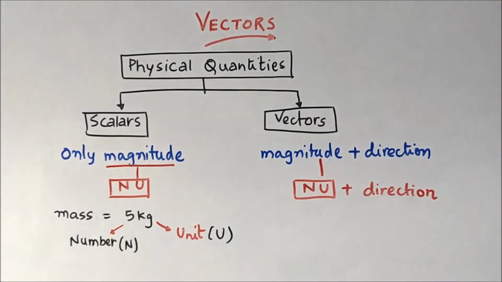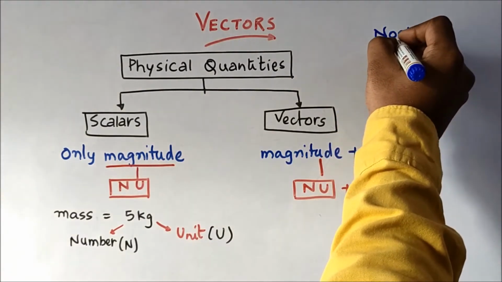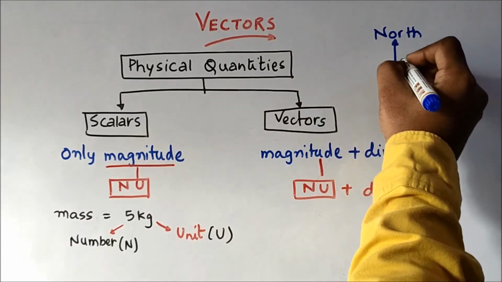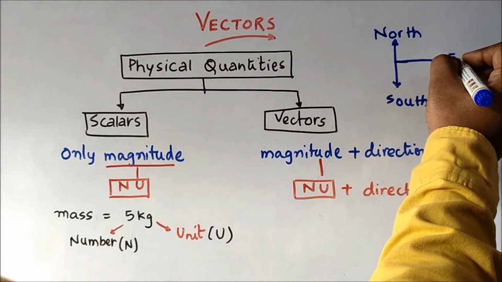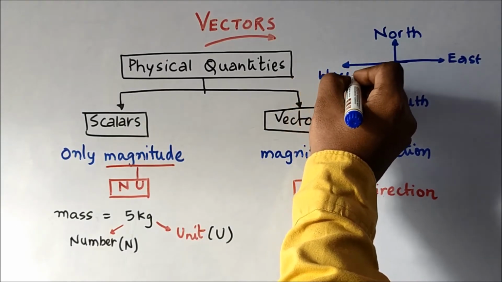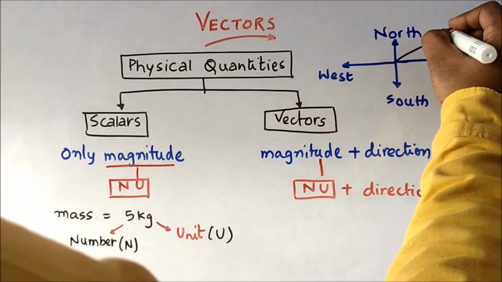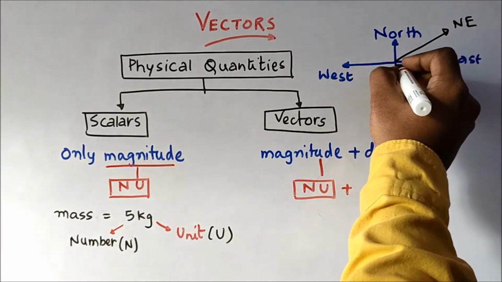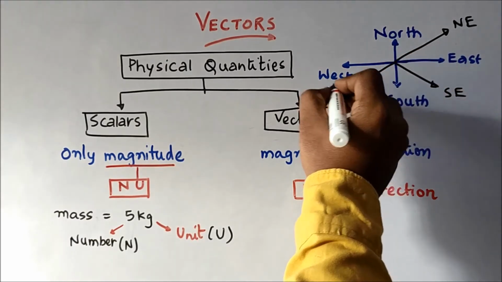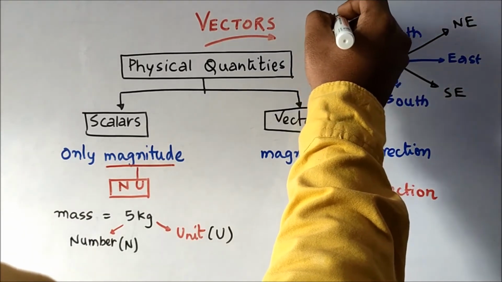The directions could be north, south, east, west. These are geographical directions, or in between, northeast, southeast, southwest, or northwest.